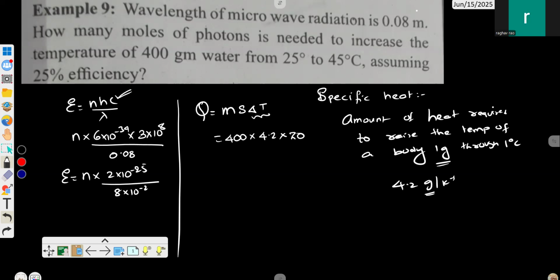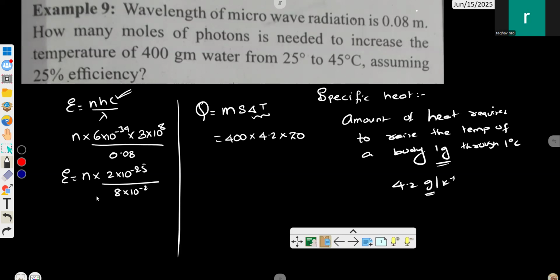Now, he says that out of this, 100% of the photon energy is not getting converted into heat. Only 25% of the energy is getting converted into heat. So, can I write it as n into 2 into 10 power minus 25 divided by 8 into 10 power minus 2, into 25 by 100. This is the 25% of the energy that has been converted into heat.